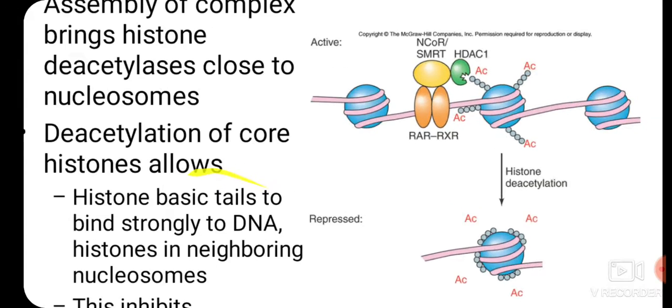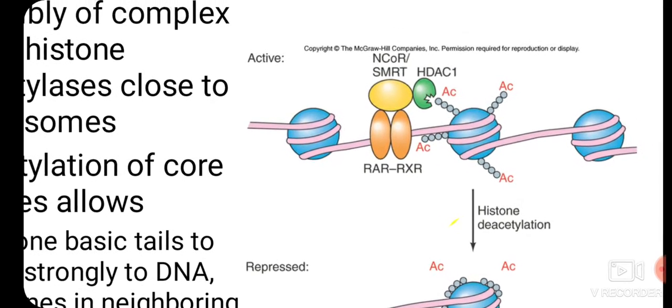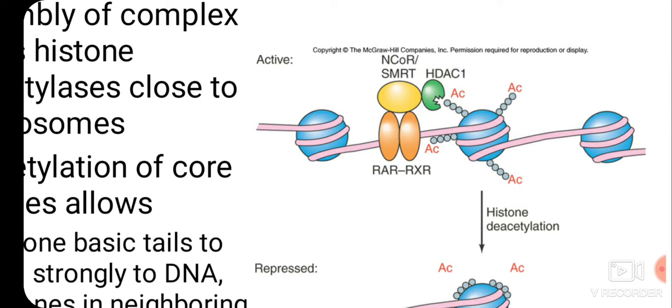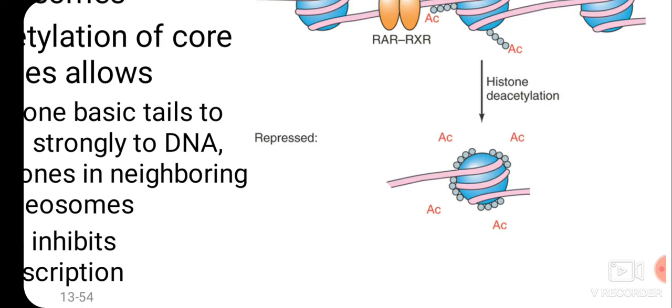You can see here how they interact with the RXR protein, sorry, RAR, the retinoic acid receptor, and retinoic acid activated proteins. They bind with the DNA at specific regions, the enhancer region, then they call upon NCOR and SMART together, they call upon HDAC, which causes deacetylation of the histone side chains, and repression is going to happen.